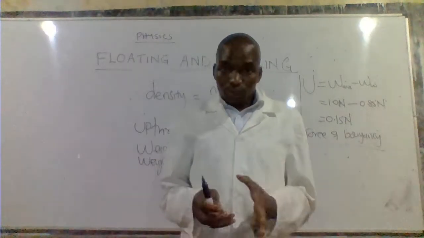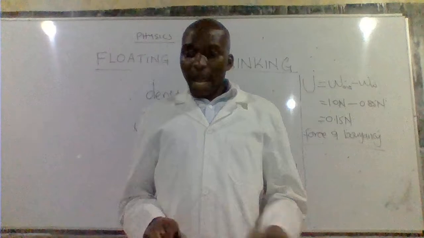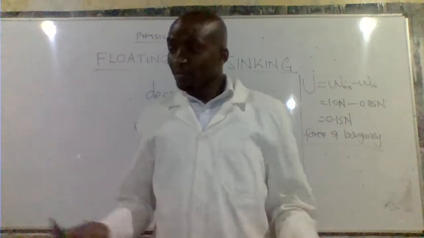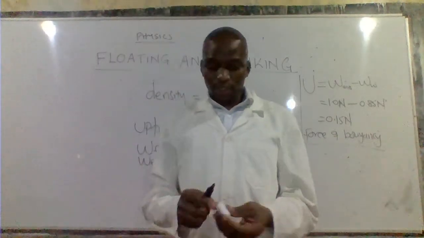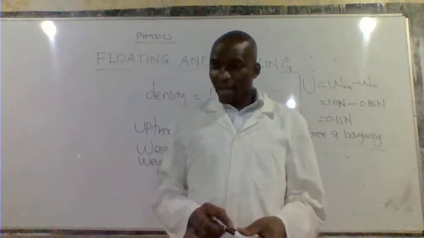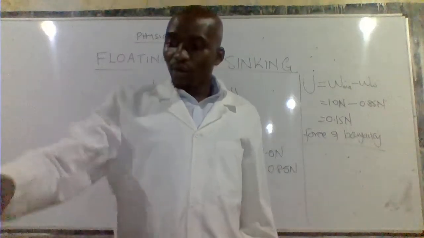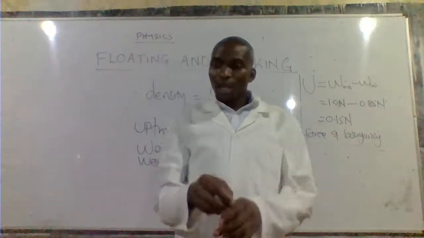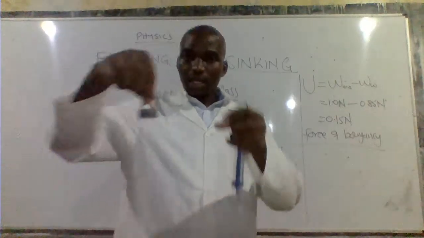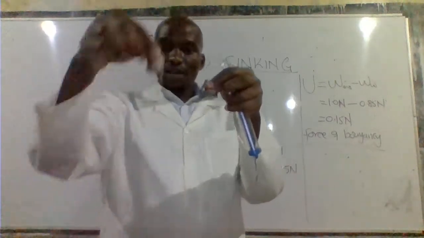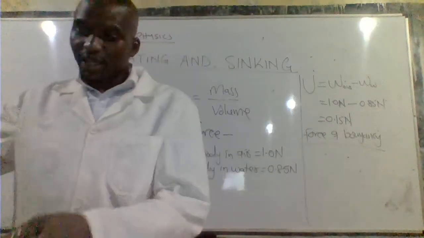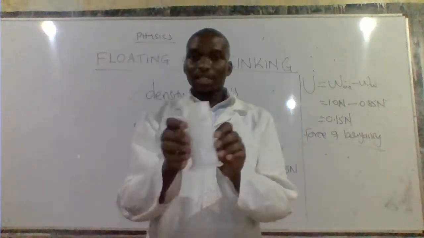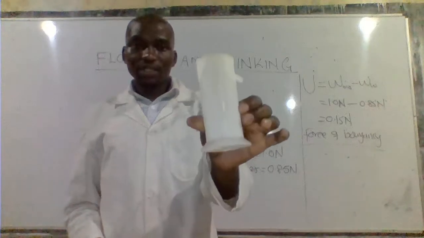And for us to be able to understand Archimedes principle, I still have some apparatus with me that I am going to use so that I can verify Archimedes principle. We are going to use this spring balance still. We are also going to use these given masses that I have here. I also have another apparatus here. I want to believe you have ever seen this apparatus.